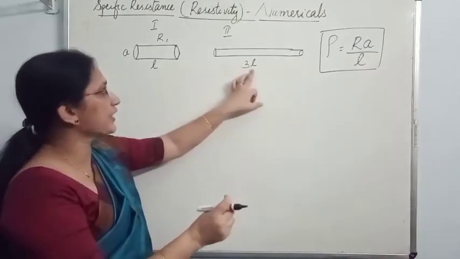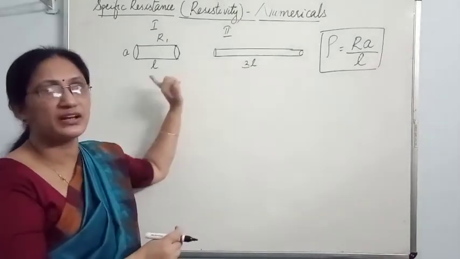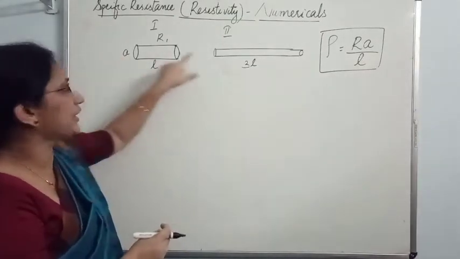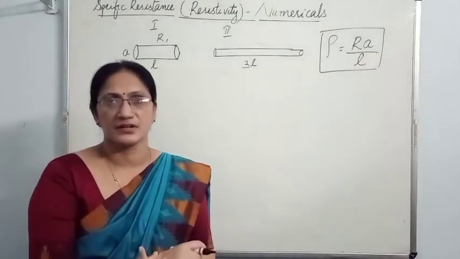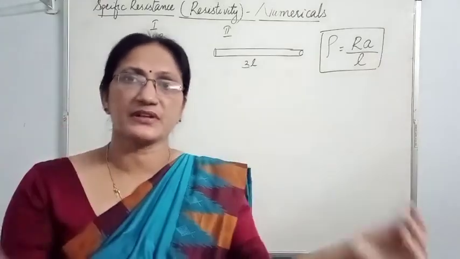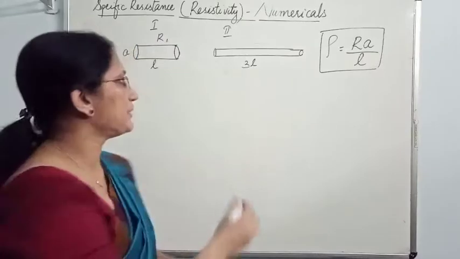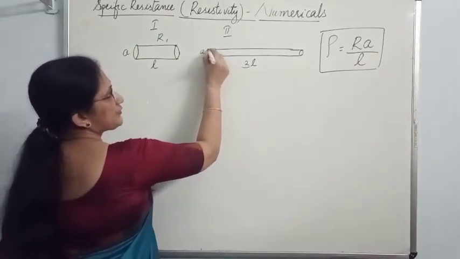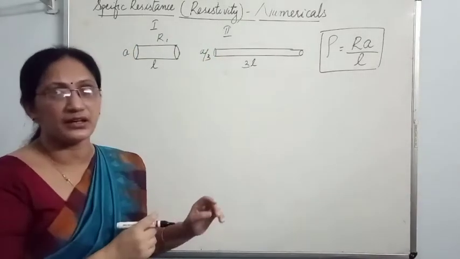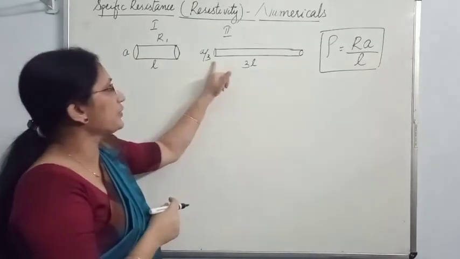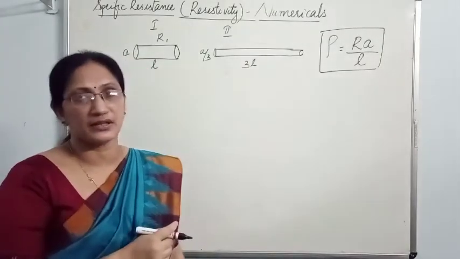What might have happened to the area of cross section or thickness? If length becomes thrice, area of cross section reduces to 1/3. Means after stretching, area of cross section of the wire is A by 3.